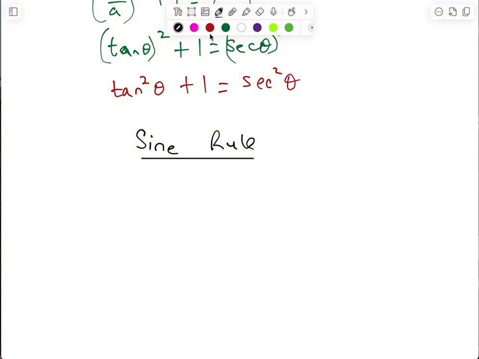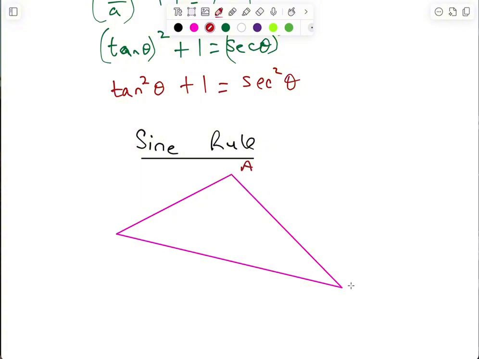For instance, if I give you a model triangle like this, so let's say this side is labeled A, this side is labeled B, and this side is labeled C. The side that is facing each of the vertices, let's use small letters for them. So if this is A, this will be the side that is facing A. If this is C, this will be the side that is facing C. And if this is B, this will be the side that is facing B.